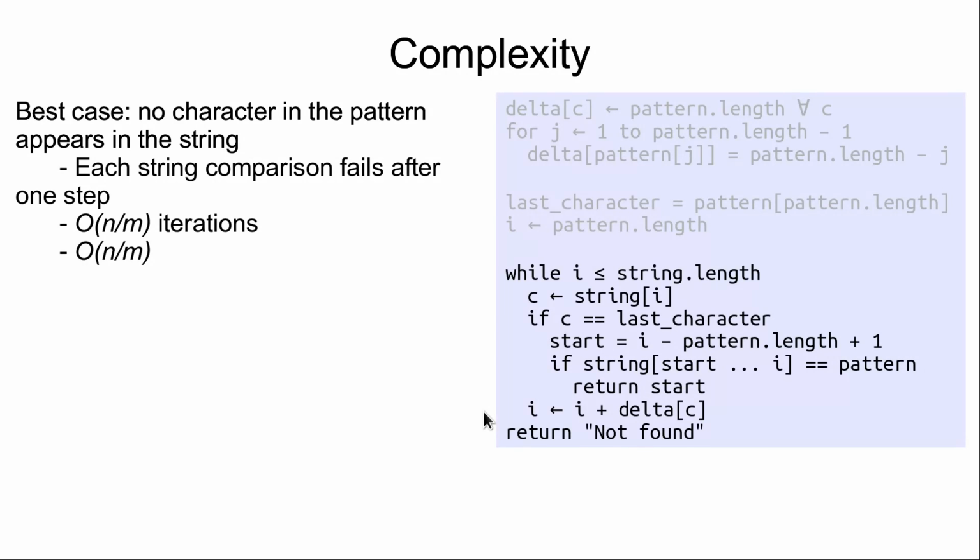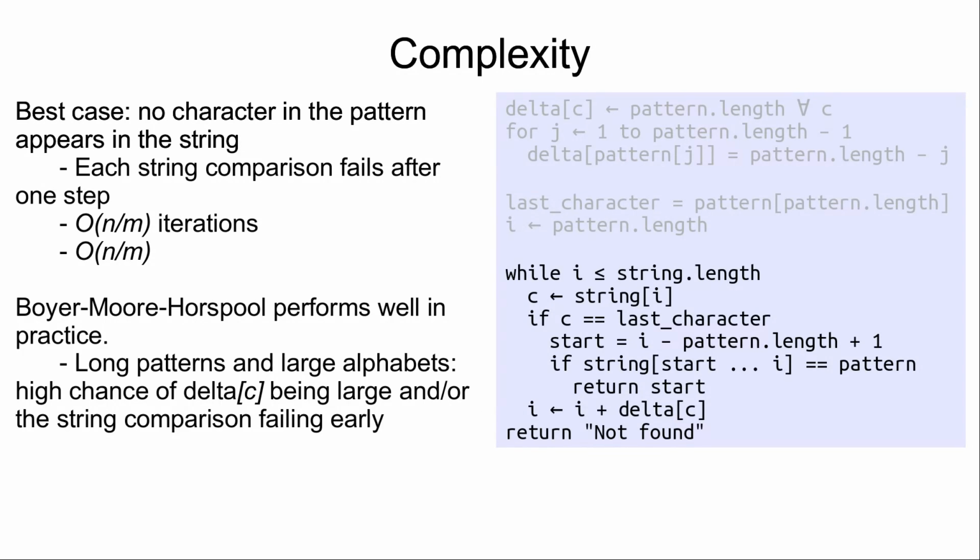Clearly, the performance depends on how far the pattern can be shifted at each iteration, and for that reason, Boyer-Moore-Horspool tends to perform well on longer patterns and large alphabets, because of the larger shifts and the greater likelihood of mismatches early in the comparison, respectively.